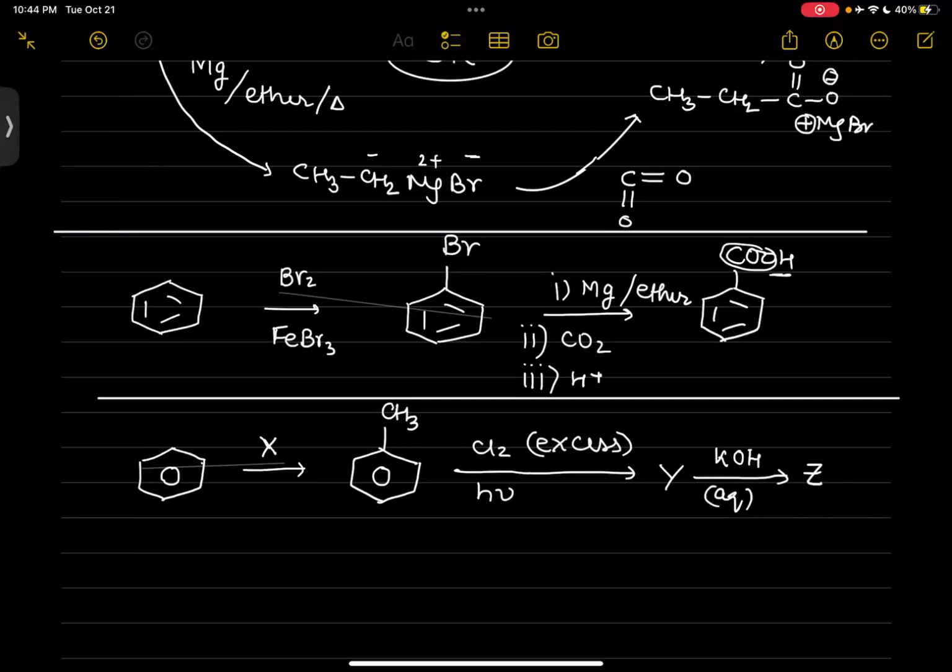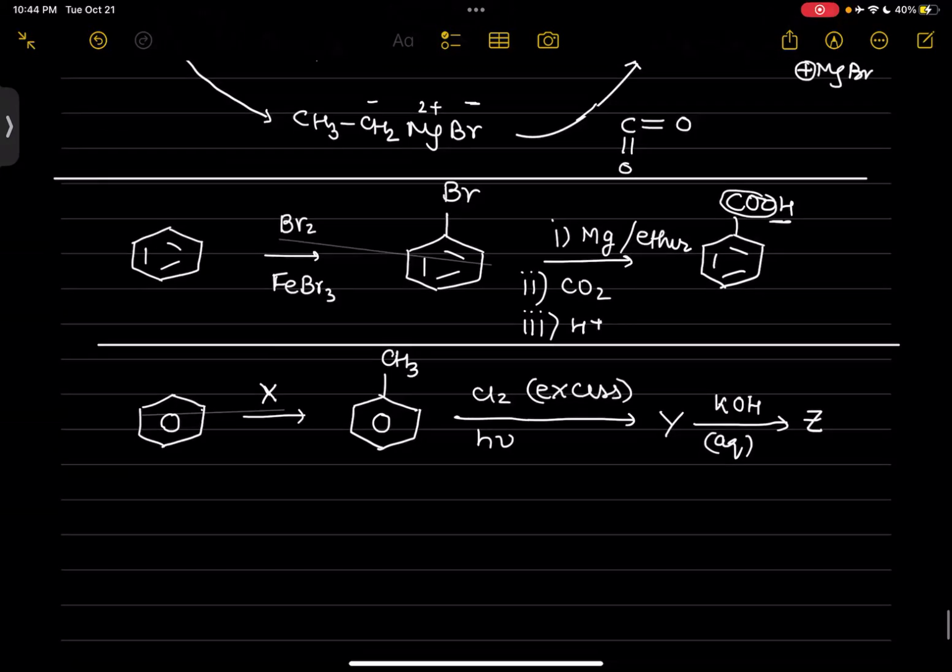Ether. That has oxygen. I need to put CH3 on the benzene. NaOH. NaOH will bring OH. Any other reagent? Don't we have to convert it into phenol first?